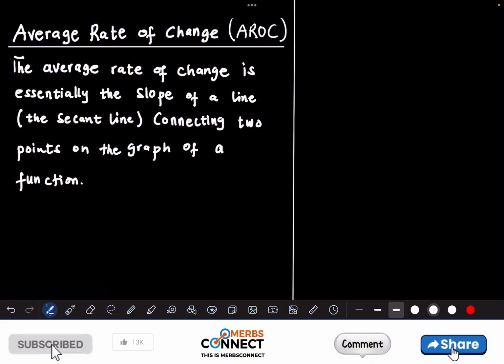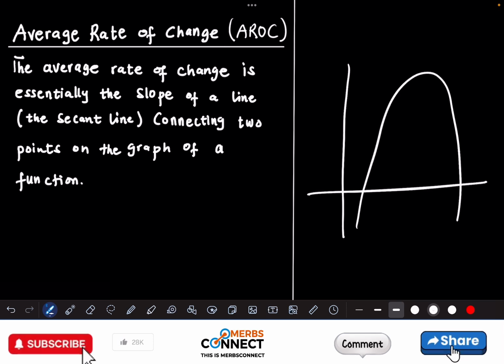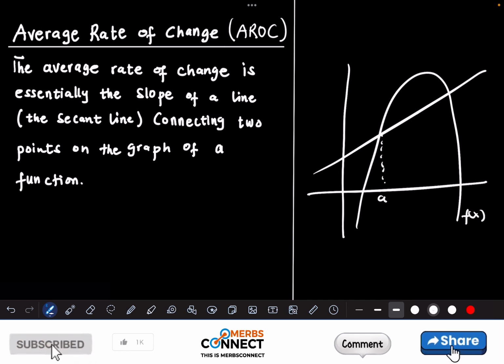So now let's assume I have my y axis, I have my x axis, right? And I have a graph, and this graph is f of x. And I have a line which connects this graph at 2 points. Let's assume the first point is when x is equal to a, and the second point is when x is equal to b.